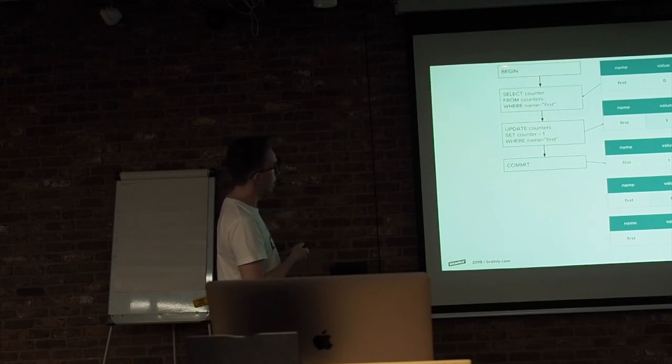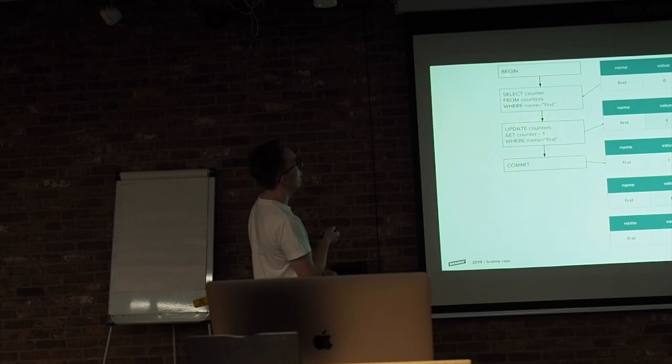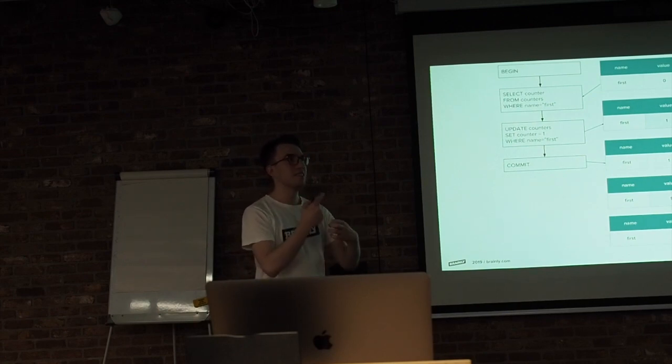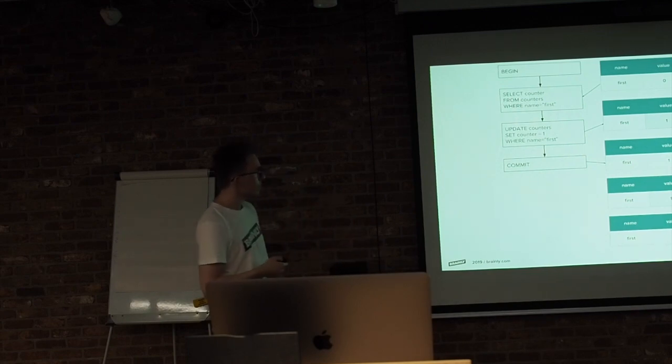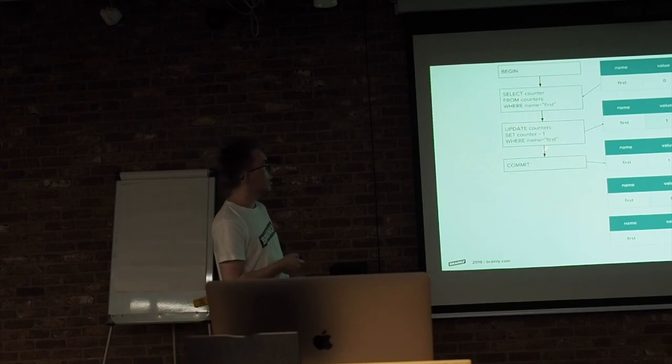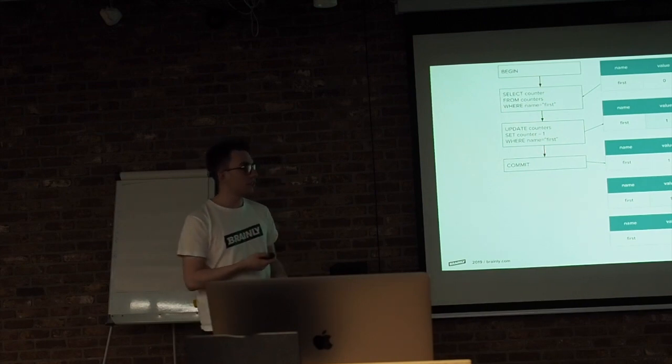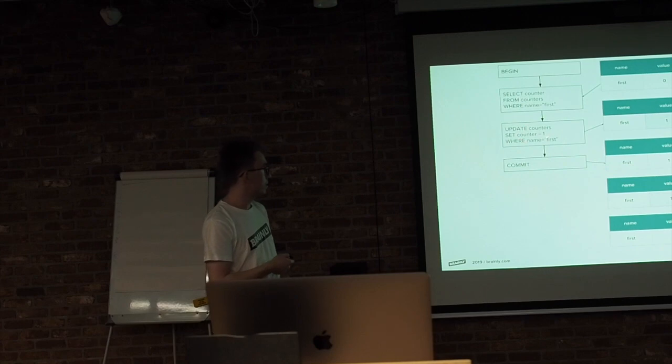What does the left one do? It starts, then it reads the counter, which should be value 0. Then it increments the value in memory, like in your application, not in the database. And then it writes the updated value. So it sets value number 1.